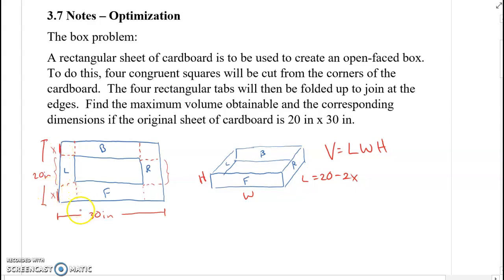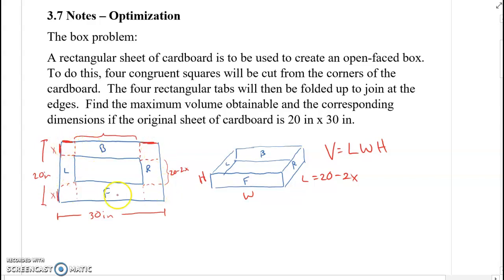Likewise, this width of the box. Hold on a second. I don't want that there. That makes it look like that's 20, but it's not 20. It's 20 minus 2x. We also have this distance right here, and that's also, it used to be 30, but we're going to subtract away this length and this length. And we actually have expressions for that already, right?